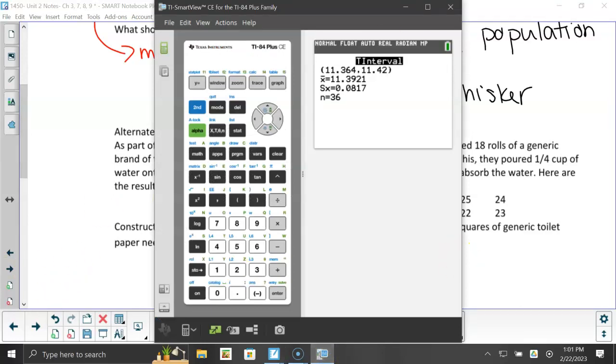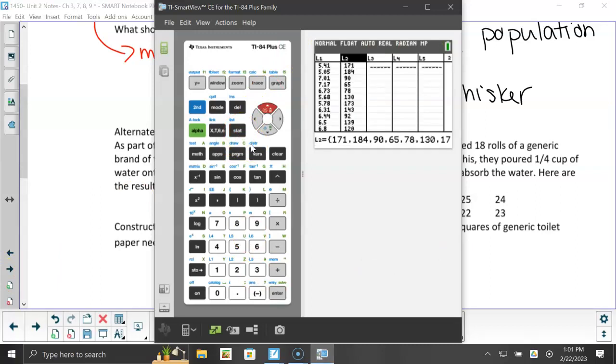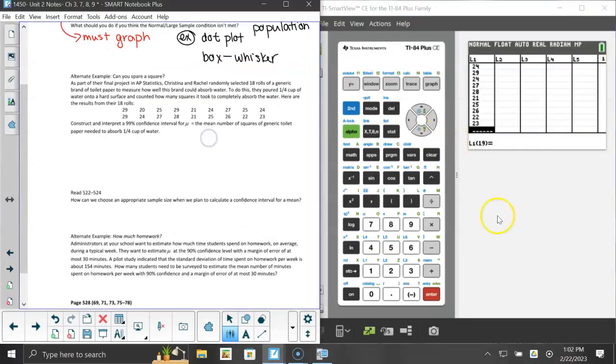Stat, edit. You just need to make sure you've got all 18 of them in there. Yep, they're all going in that first list.